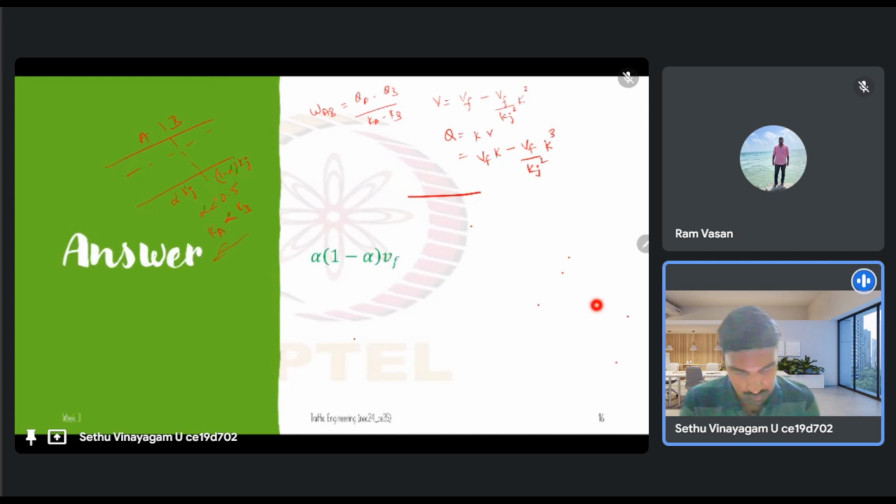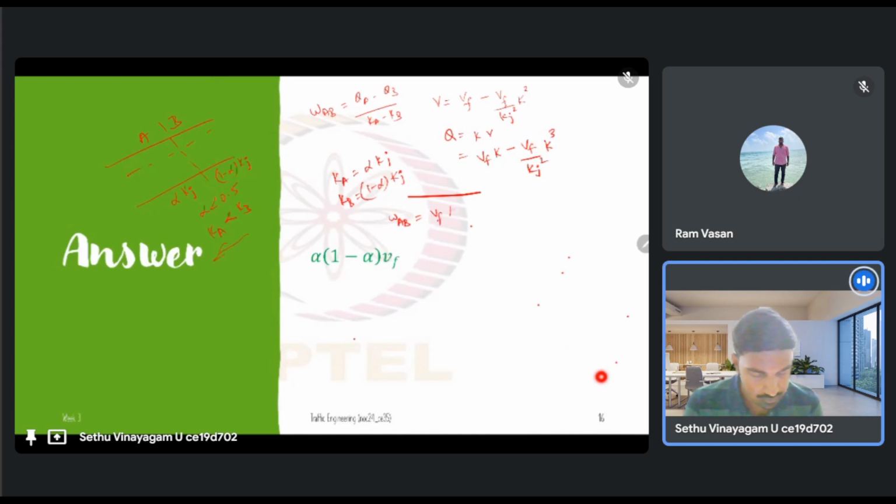Okay, now let's find WAB. So what is QA? The density Ka is equal to alpha Kj. Kb is 1 minus alpha Kj. Okay, so let's not substitute them right now. Let's write it in terms of Ka and Kb itself.